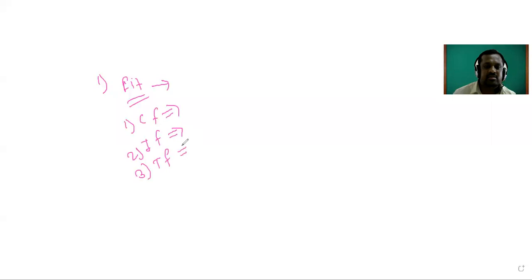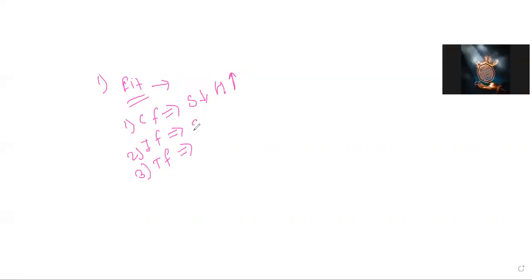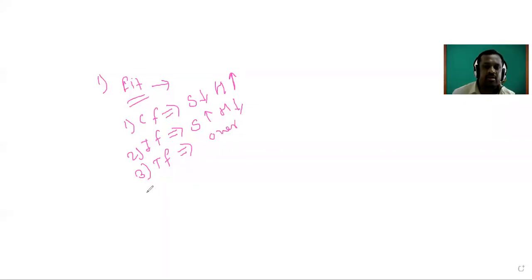The shaft will be smaller and the hole will be bigger. In the interference fit, the shaft is greater and the hole is smaller, and both overlap. So this is called the interference fit.